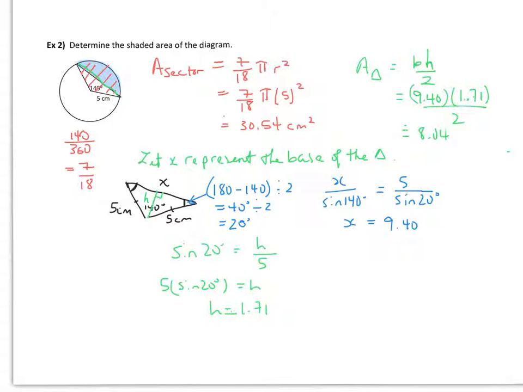So now, final thing is we can find the area of the segment. The area of the segment is going to be the area of your sector, which was 30.54, minus the area of the triangle, which is 8.04, and that's going to give us 22.5 square centimeters. And there we have it. A little bit of problem solving fit in with that, where we had to use some of our other tools.